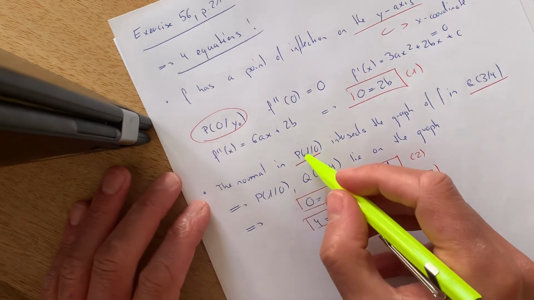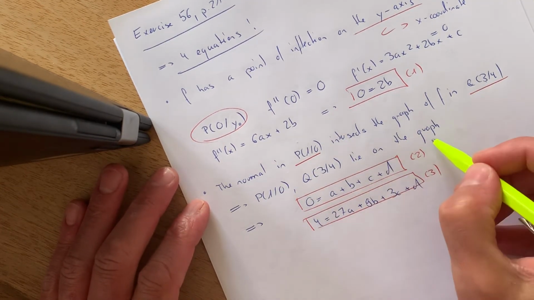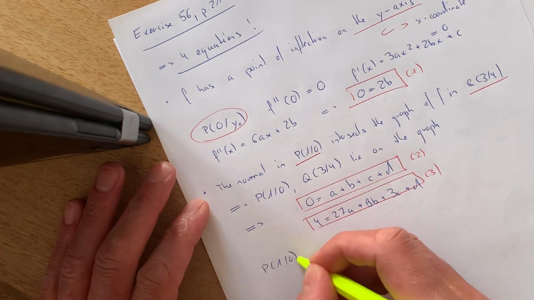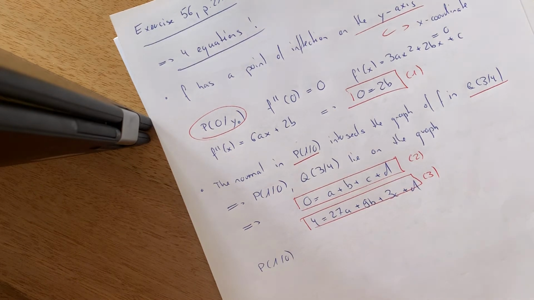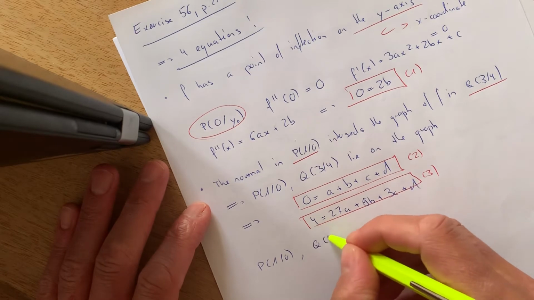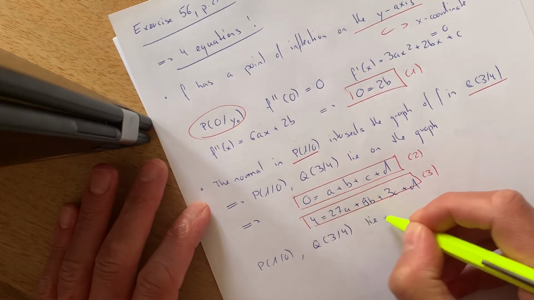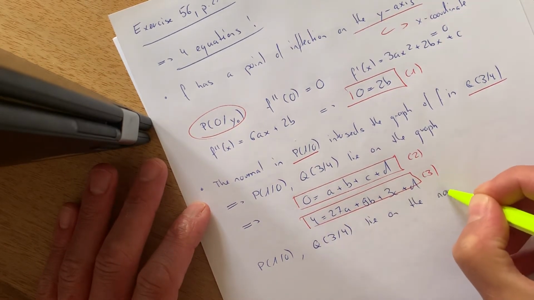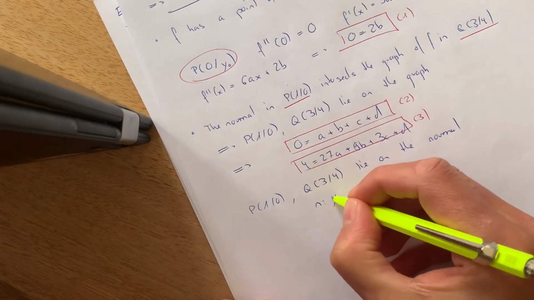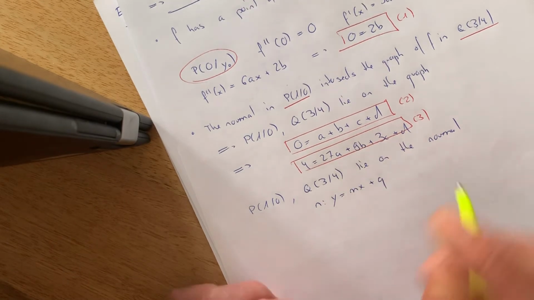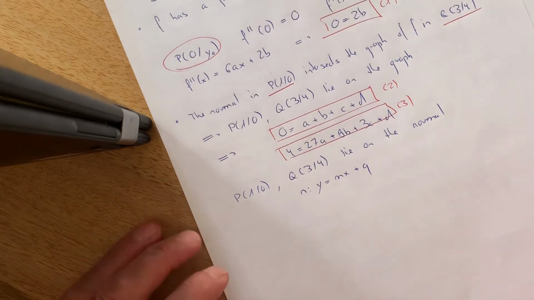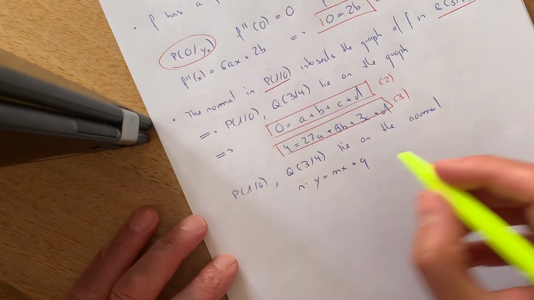So what else do we know? We know that these 2 points not only lie on the graph, we also know that they lie on the normal. So the normal is, you know, a straight line standing perpendicular on the tangent. So since the normal is a straight line, with an equation like this, and since we have 2 points lying on that normal, we can find the equation of that normal.